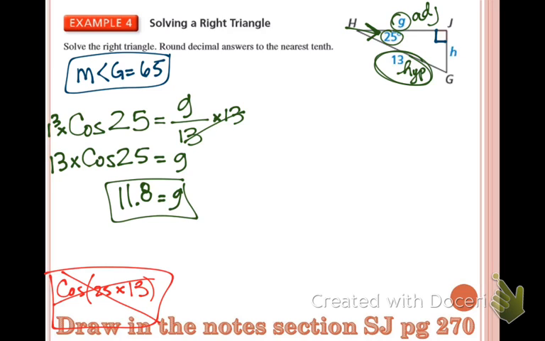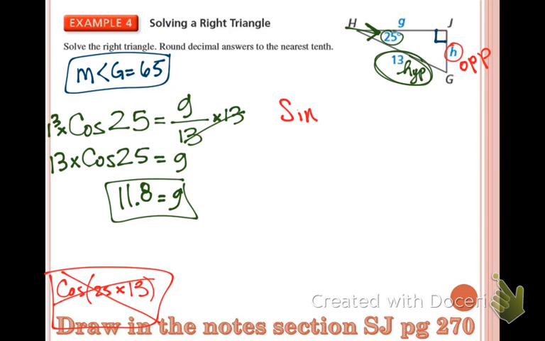Because we are finding G, which is adjacent to the angle we were given, and then we are given the hypotenuse. So we found G. What is the only side we haven't found now? H. What kind of side is H? Opposite. So which trig function are we going to use if we have the hypotenuse and the opposite? Sine.